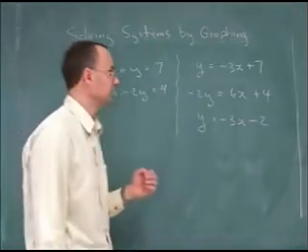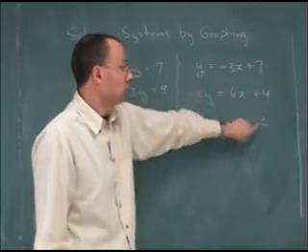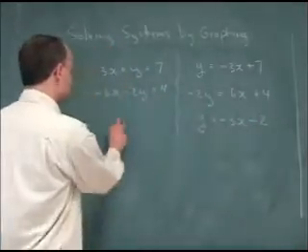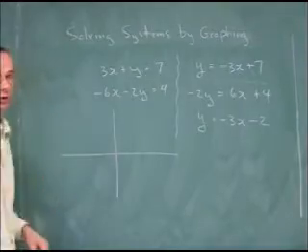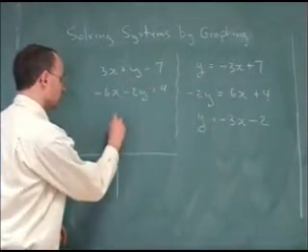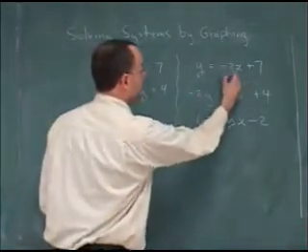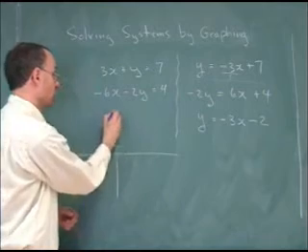And what do we have happening here? Same slopes, but different y-intercepts. And what that means is no solutions. You've got a y-intercept of 7 and a slope of negative 3. So we'll think of that as down 3 over 1.